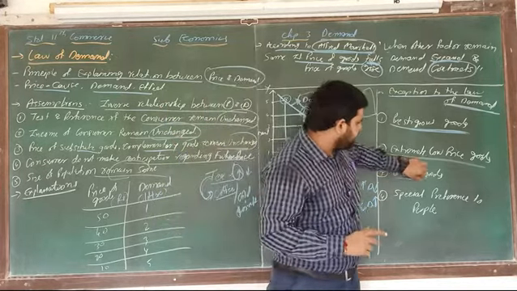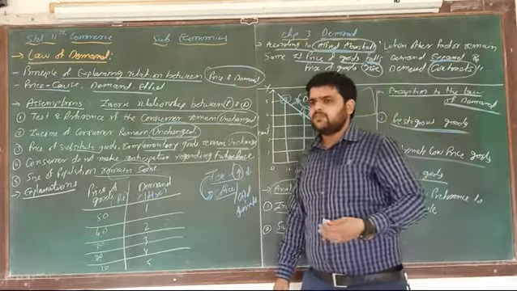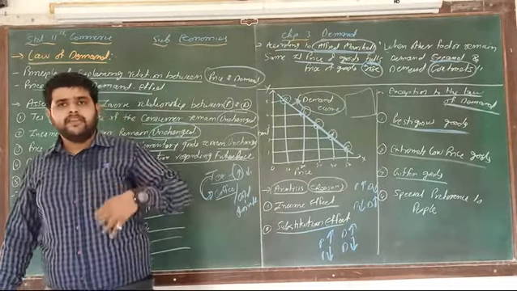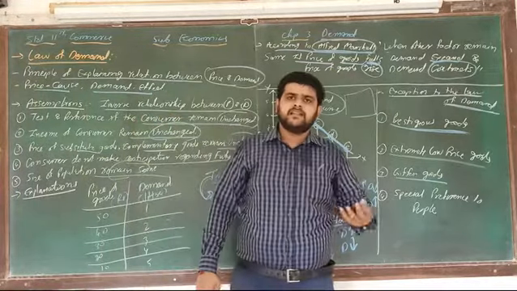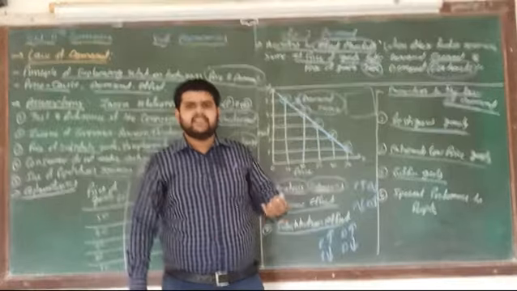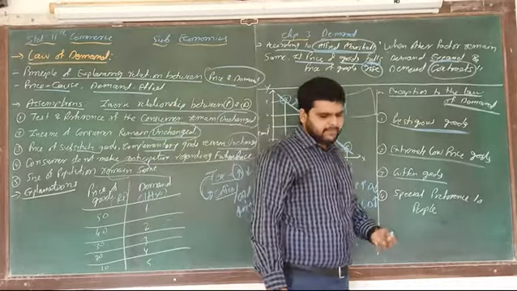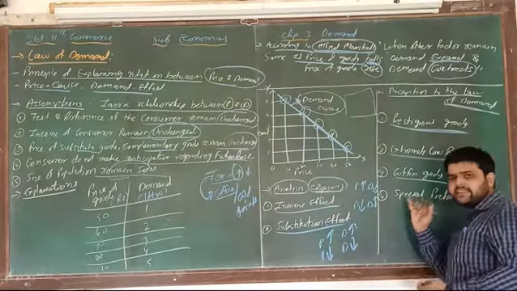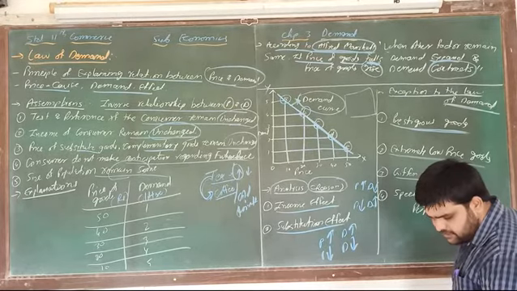Next, number three, Giffen goods. Here, for example, a person of low income purchases jowar and bajra.